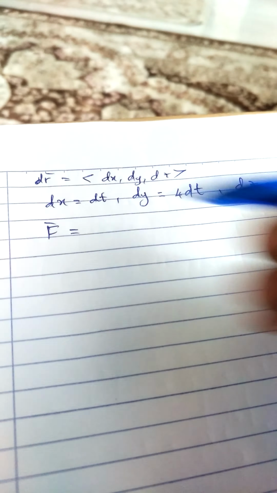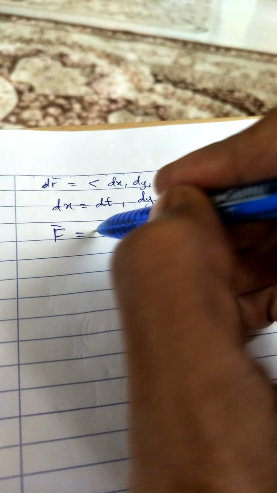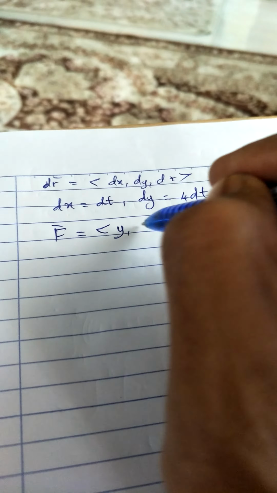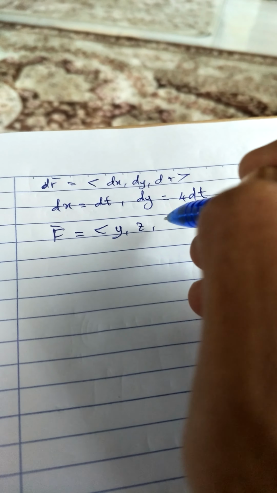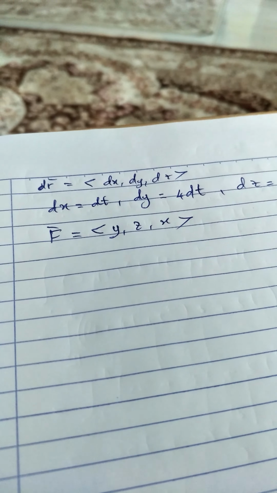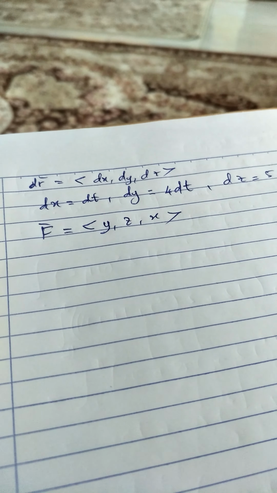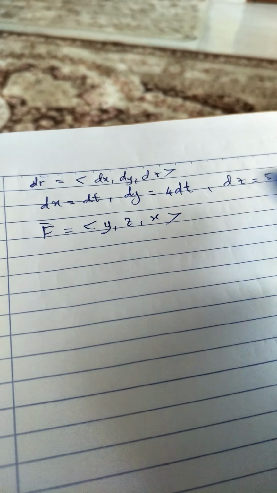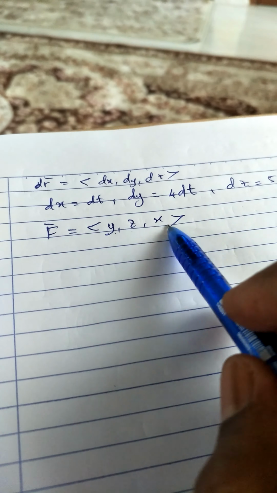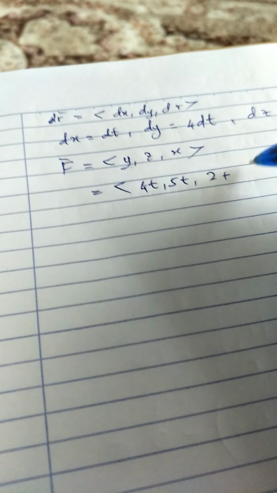And our f is given as (y, z, x). In terms of t, just substitute y, z, and x with the parameter t. So y is 4t, z is 5t, x is 2 plus t.